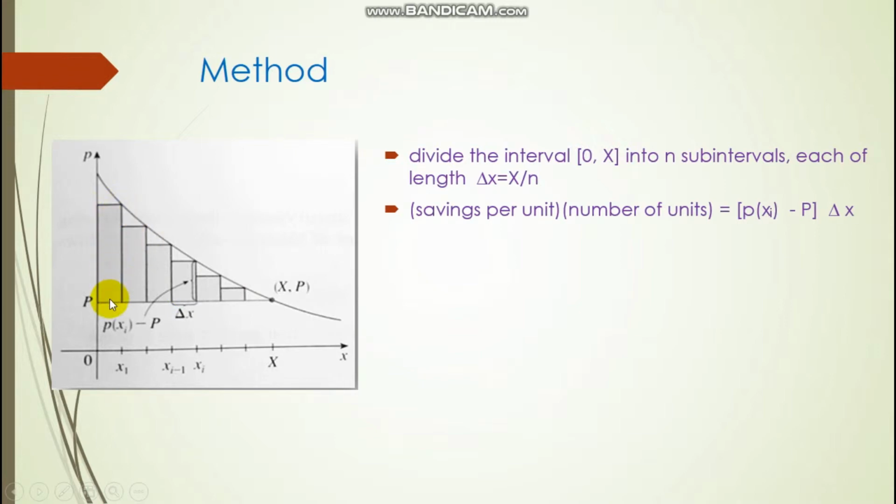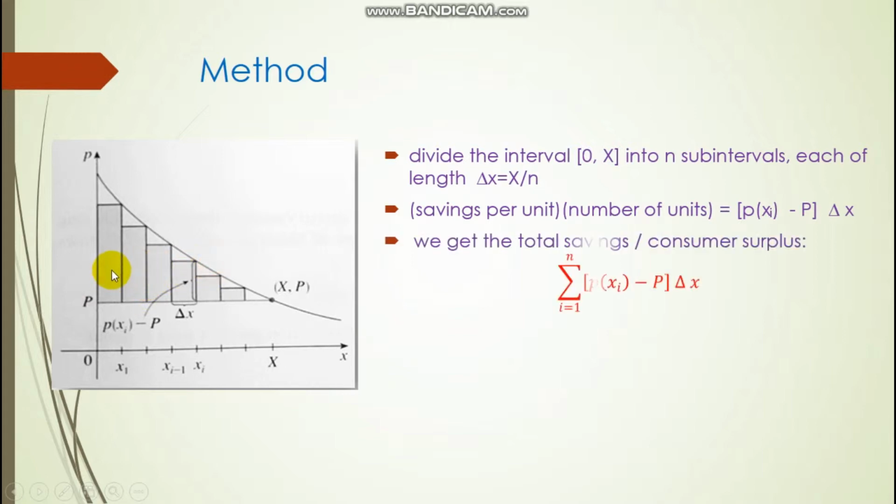So the total saving for this area is the price demand minus price, times the difference in x. To get the total consumer surplus, we add all these subintervals, so we get this formula.